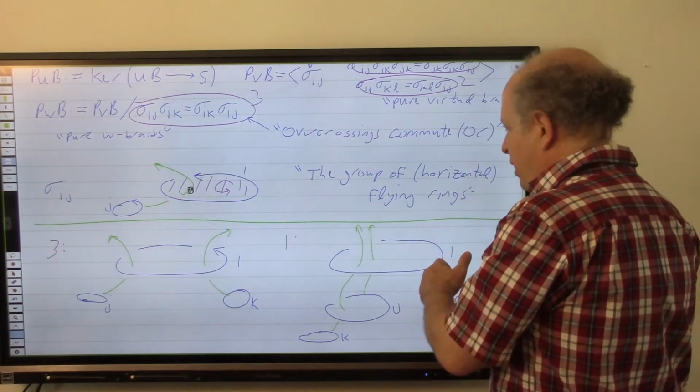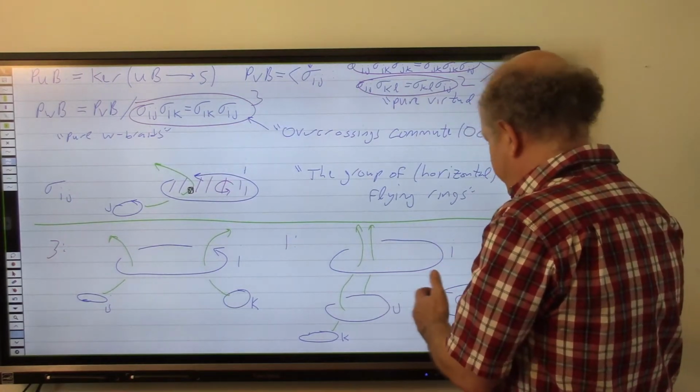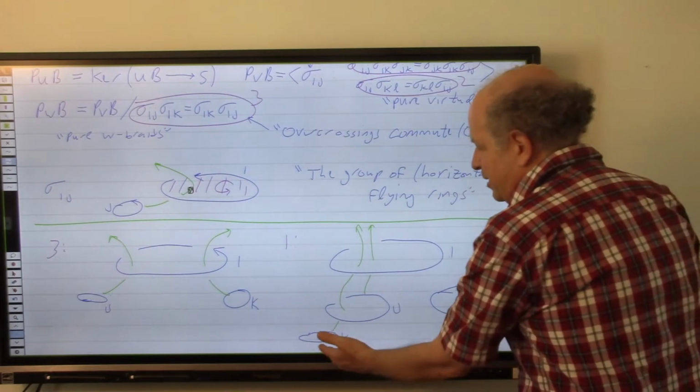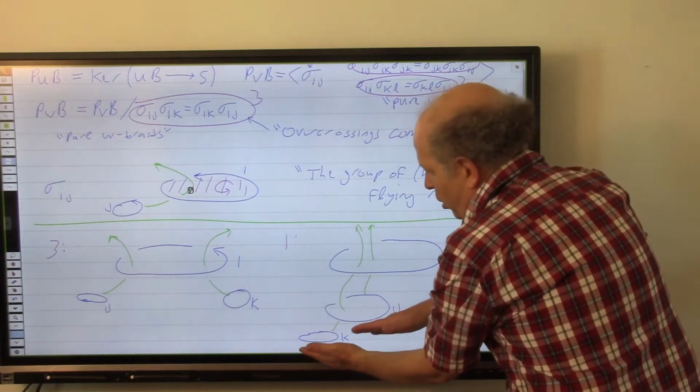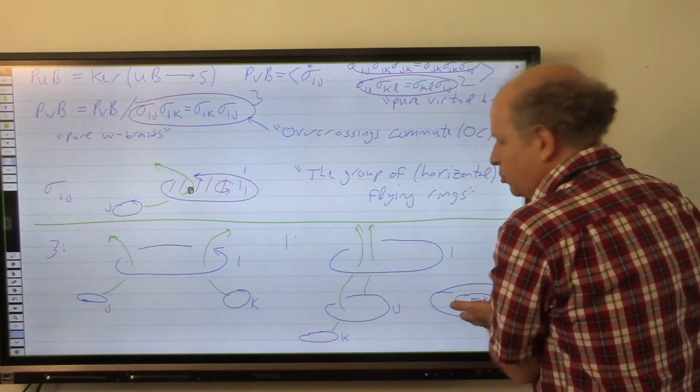So the whole picture telescopes into this picture.